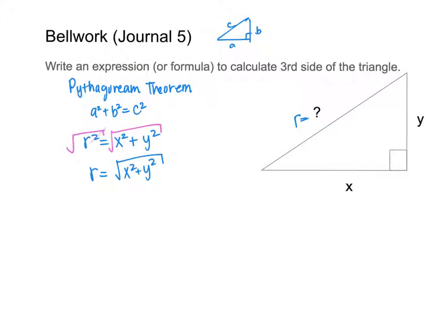So now r is by itself, and this formula is going to be our formula for this side here. Actually, let's go ahead and replace that. Let's grab my white eraser. So this is the square root of x squared plus y squared.